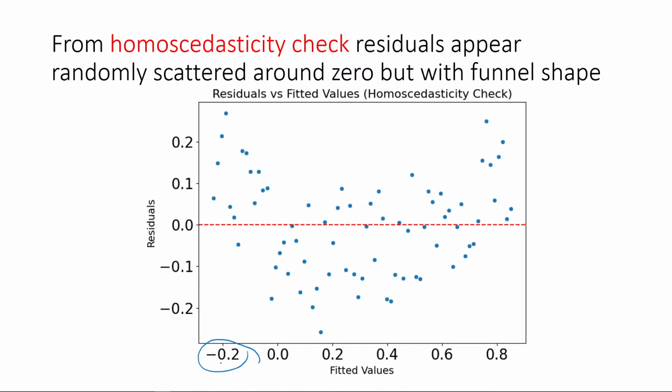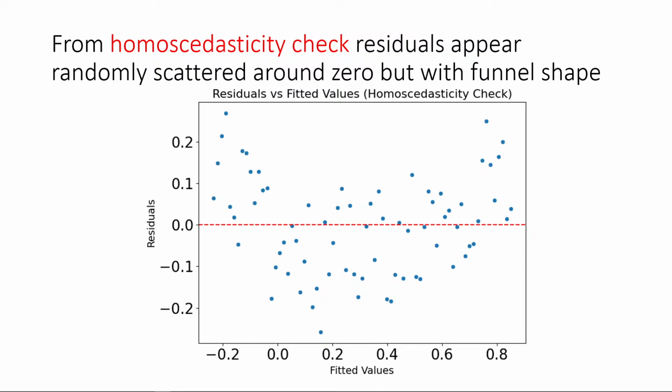The temperature anomaly goes from negative 0.2 degrees centigrade to 0.8 degrees centigrade. So you don't see any variance pattern. The residuals appear to be randomly scattered around zero without a clear pattern.